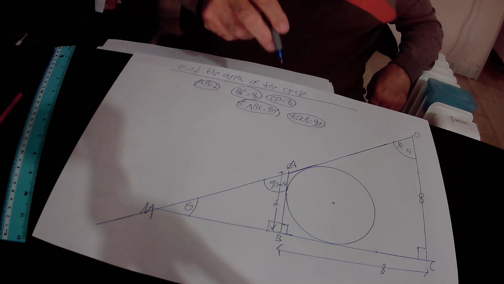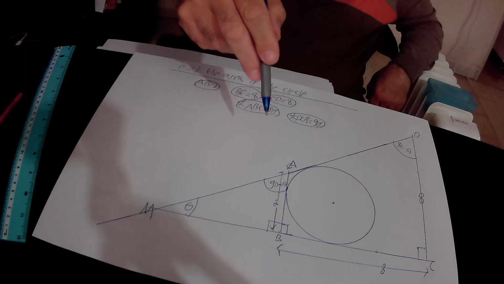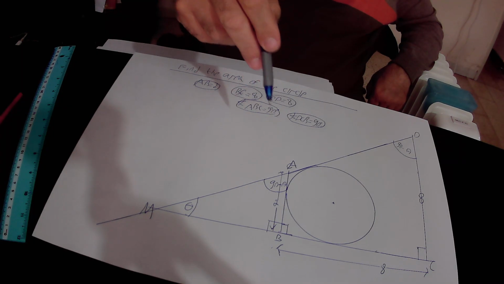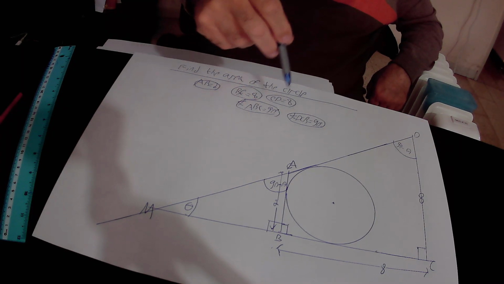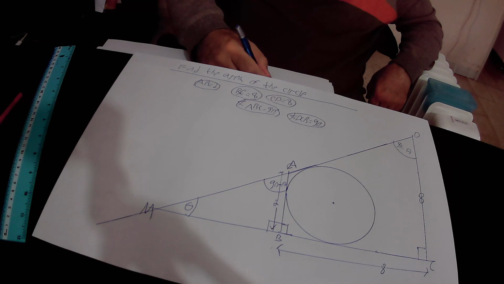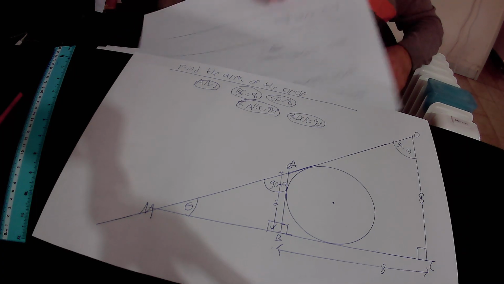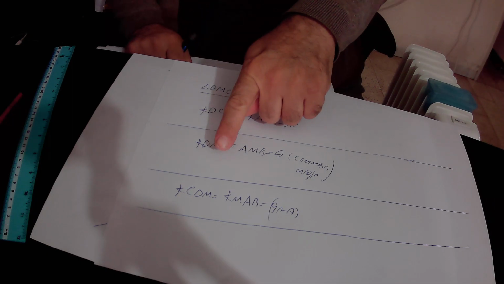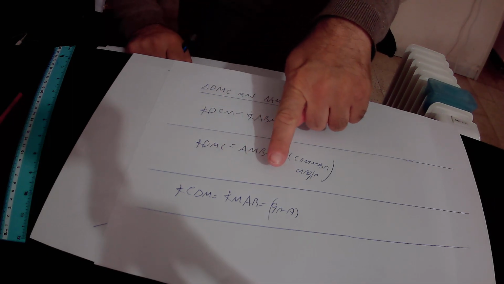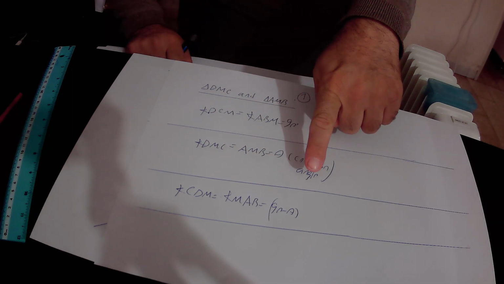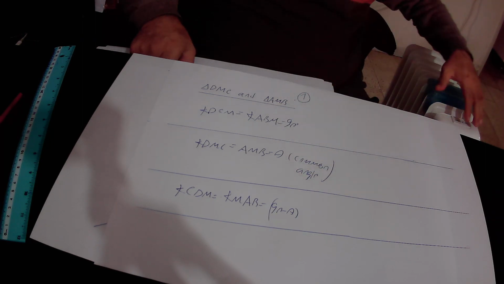That is equal to this angle, which is actually angle MAB in the small triangle. Angle CDM in the big triangle is equal to angle MAB in the small triangle. They are both equal to 90 degrees minus theta, therefore they are equal to each other.